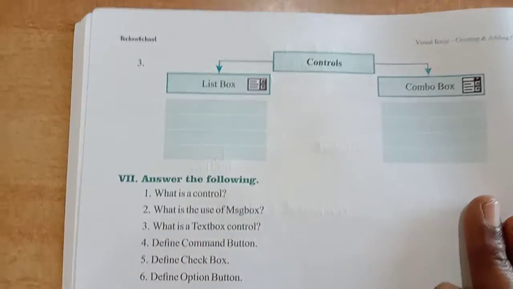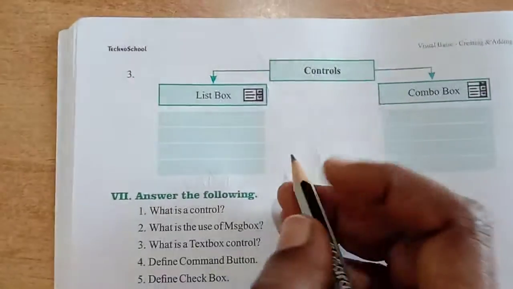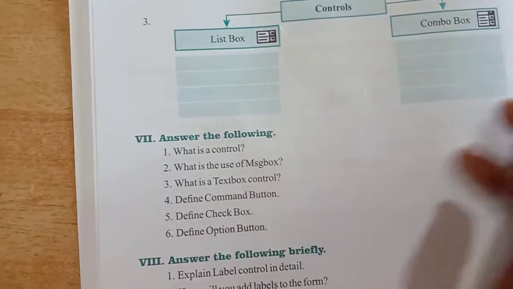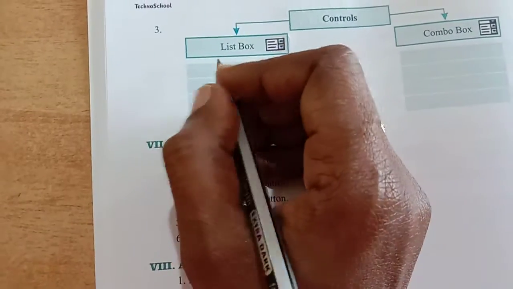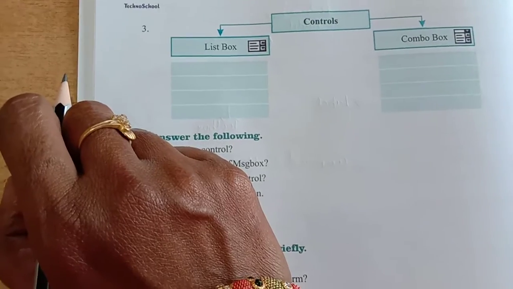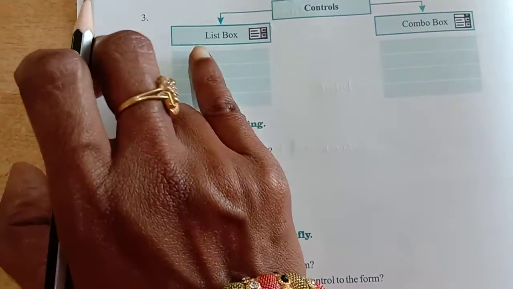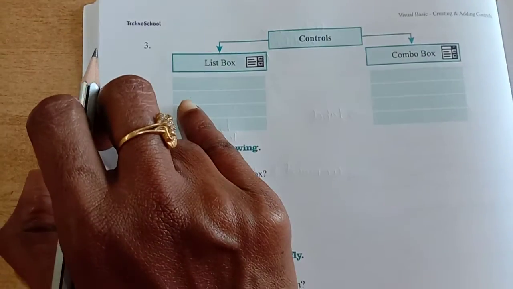Next question: the controls list box as well as the combo box. The list box presents a list of items to display and allows the user to select an item from the list, and it is identified by the list index property.